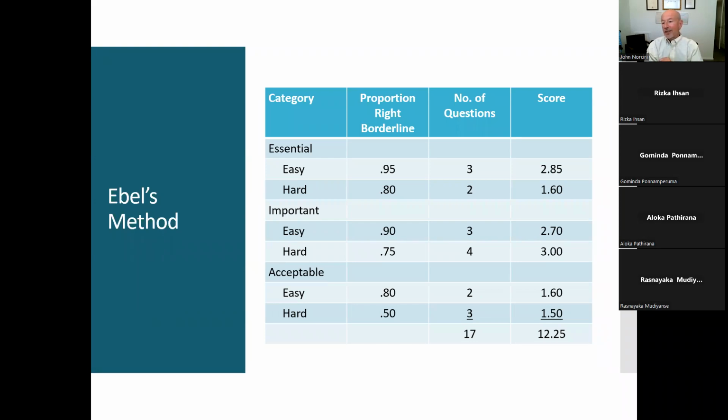So if you didn't like the distinction between easy and hard, you could just categorize items into essential, important, and acceptable. Or maybe you want to have highly indicated, indicated, and neither highly indicated nor contraindicated. So you can make up categories that make sense given whatever the purpose of the test is and whatever makes sense in your context.